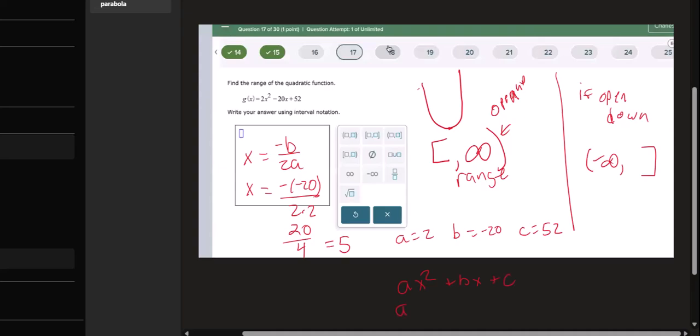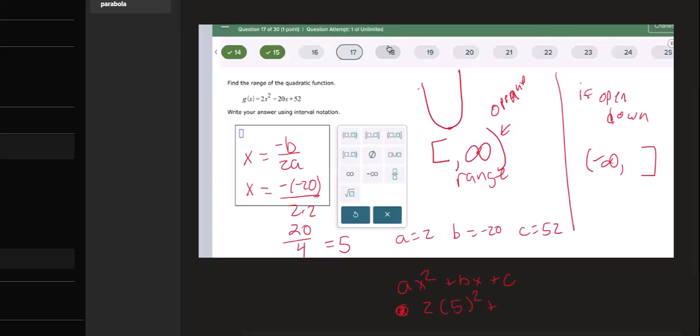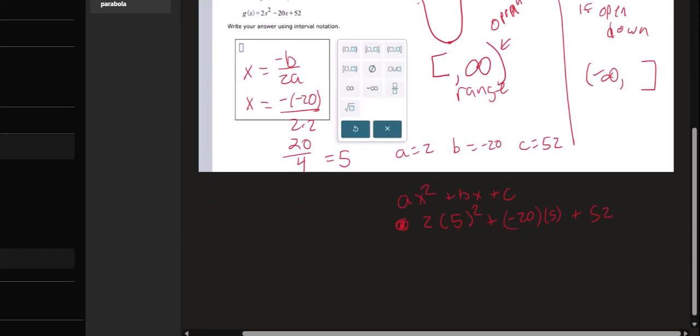So A was 2, and x is 5. 2 times 5 squared plus b is negative 20 times 5 plus c is 52. So that's 2 times 25, that's 50 minus 100 plus 52 is 2. So our y coordinate of the vertex is 2, so our vertex is 5, 2.